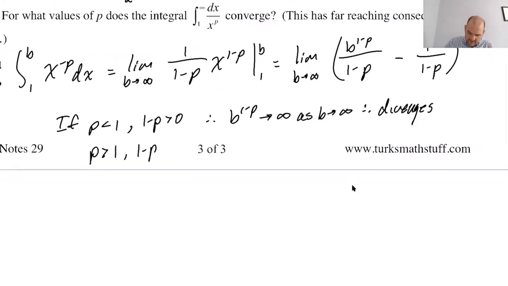then 1 minus p is less than 0, which means that b goes in the denominator. So b to the 1 minus p will go to, well, this isn't going as well as I'd like it to, but it's okay. b to the 1 minus p is in the denominator.